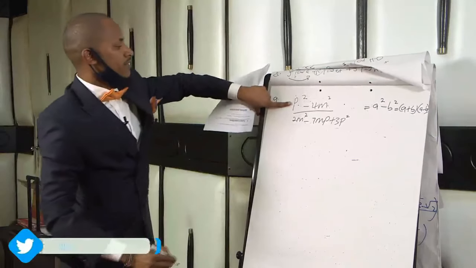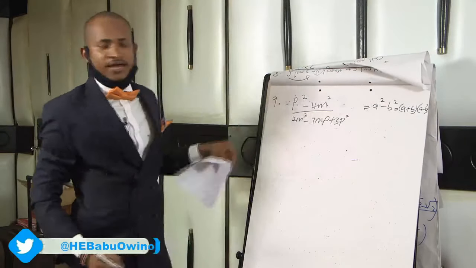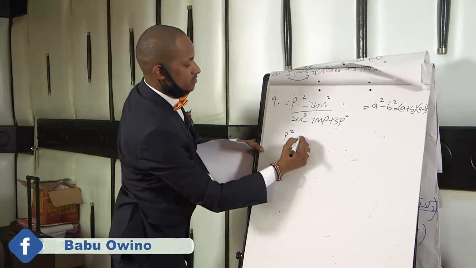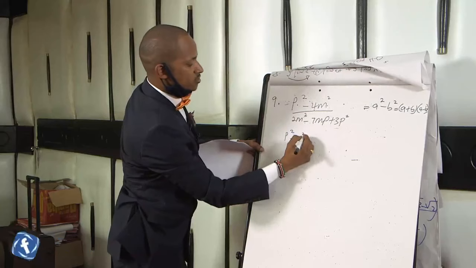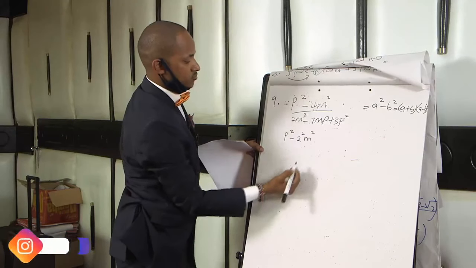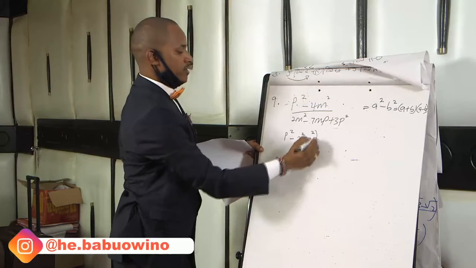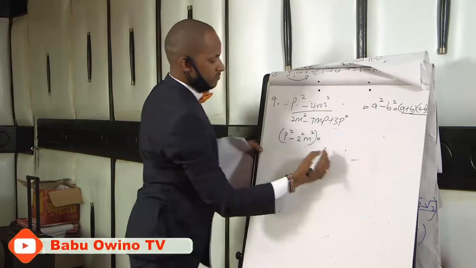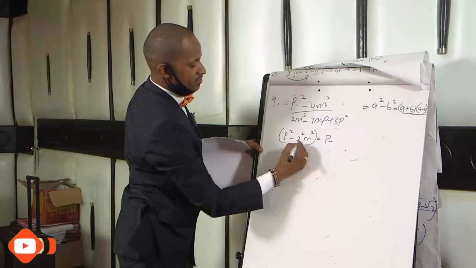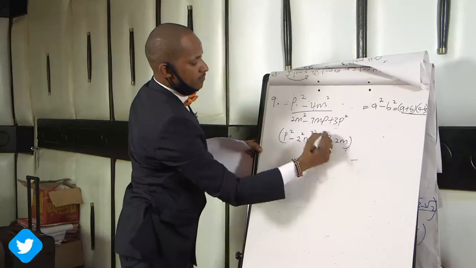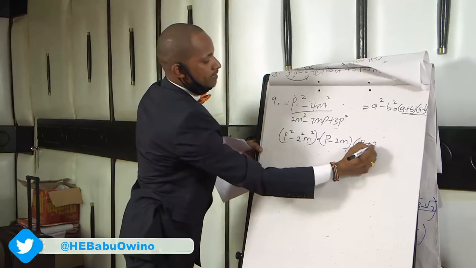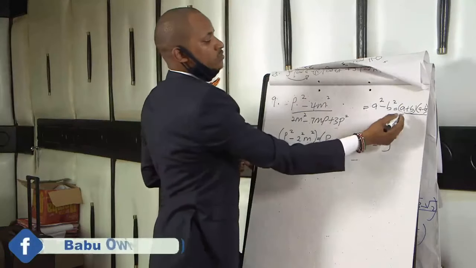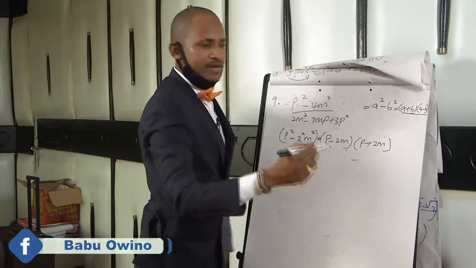Therefore, p squared minus 4m squared: 4m squared can be written as 2 raised to power 2 times m raised to power 2. So when you simplify this with a difference of two squares, you just write p minus 2m into p plus 2m. A squared minus b squared is equal to a plus b into a minus b.